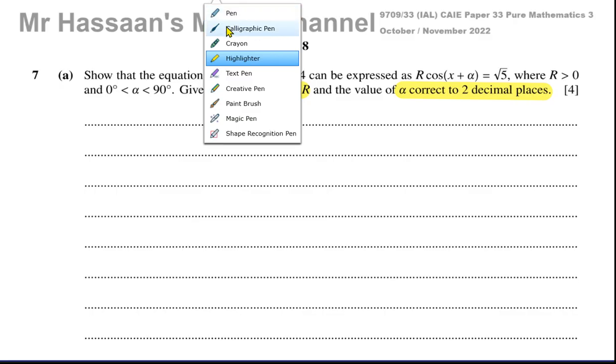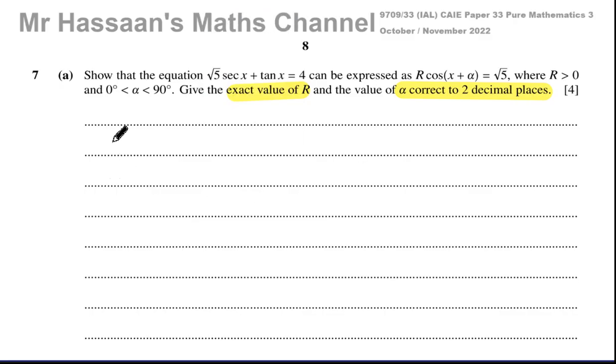Now this question would have thrown a lot of the students off, as it did in the test that I gave, because we're not used to seeing something like this, which has secants and tans, needing to be rewritten in the form R cosine (x plus alpha).